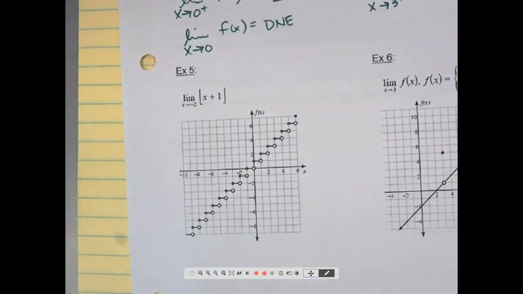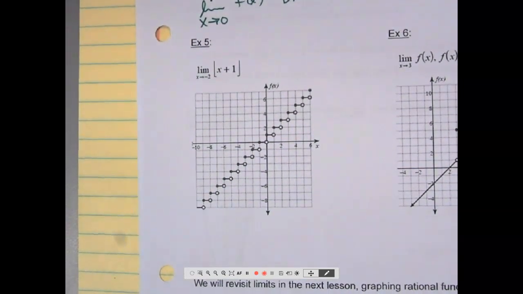Alrighty, here's our little lovely step function here. Okay, x approaches -2. From the left, right, both. Okay, come up with an answer for me. Approach -2 from both sides.